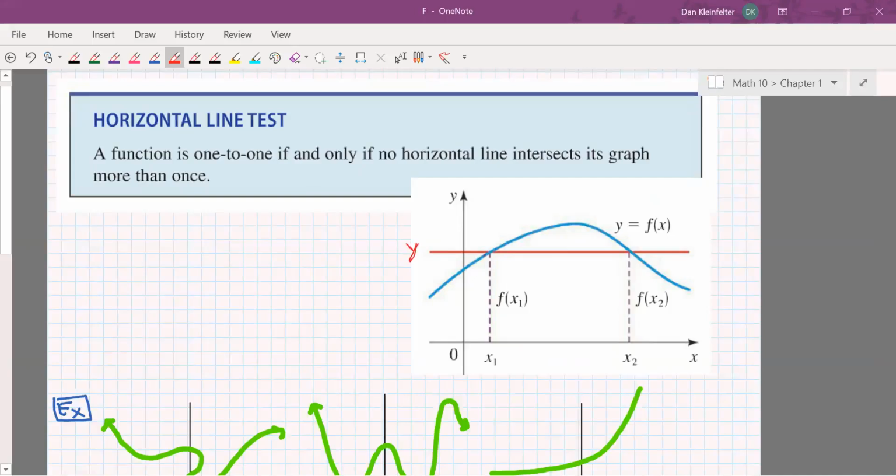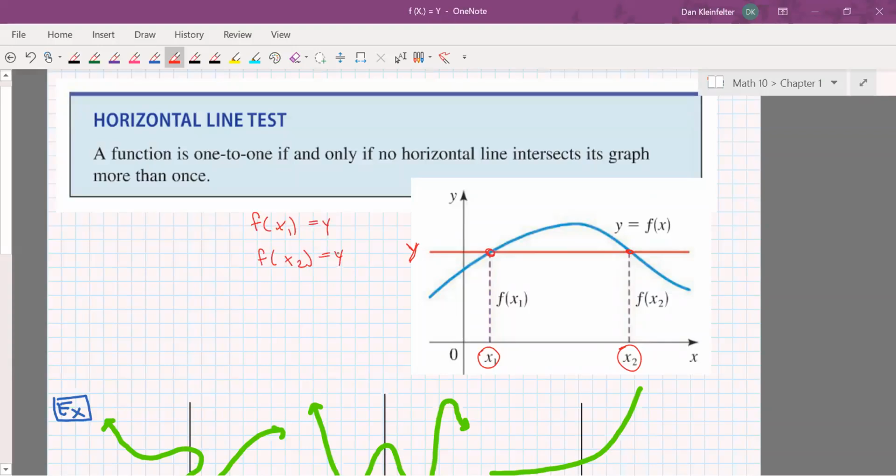If we specify a value of y and it crosses the graph more than once, then that's saying, okay, well, here's these two x values that belong to that y. And specifically, it's not going to be a one-to-one function because f of x1 is equal to y, and f of x2 is also going to equal y.